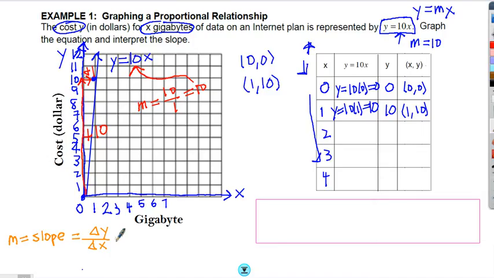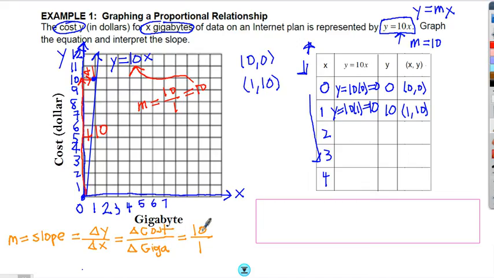And in this case, the y value is the cost, so it's going to be change in cost. And the x value is the gigabyte, so it's going to be change in gigabyte, and I'm just going to write giga. And our slope was 10 over 1. So what does it mean in this problem?